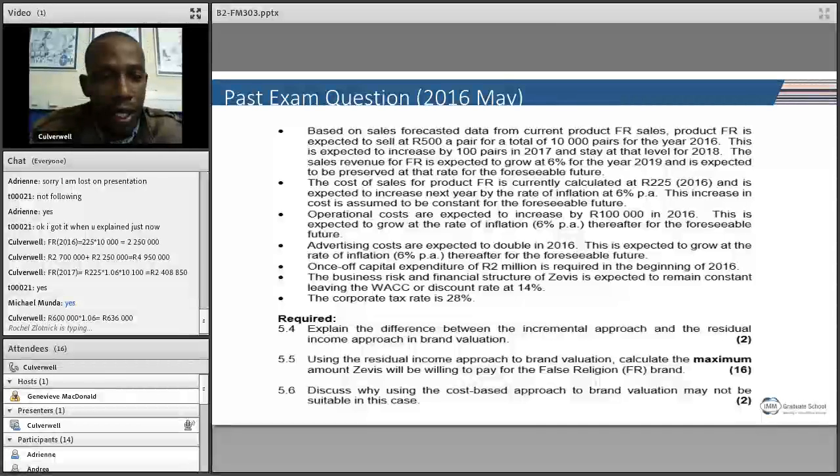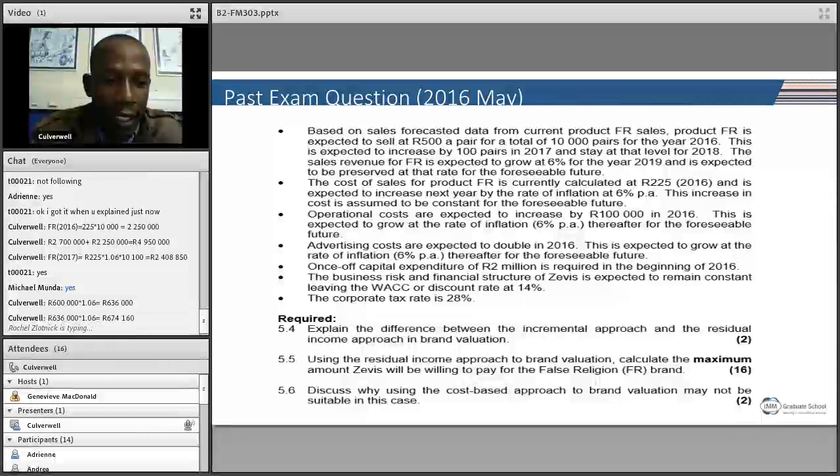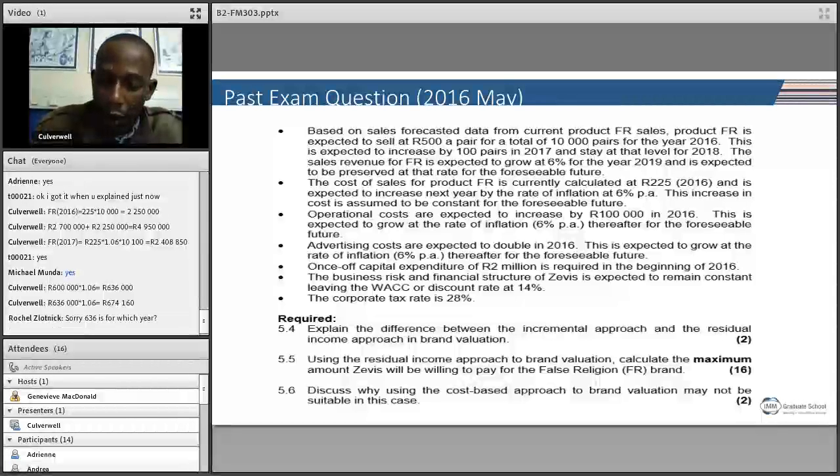Your operational costs in 2017 are going to be 636,000, and when you also do the one for 2018, you're now going to say 636 times 1.06. Let me just quickly confirm that, times 1.06.